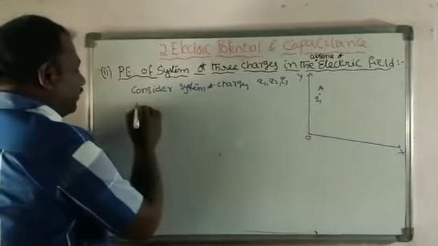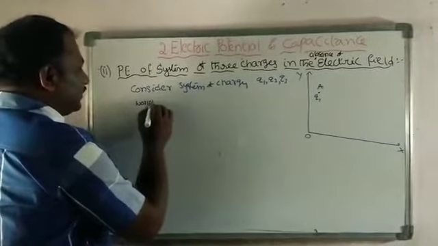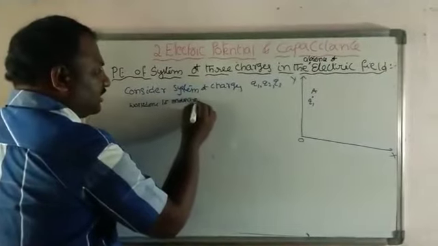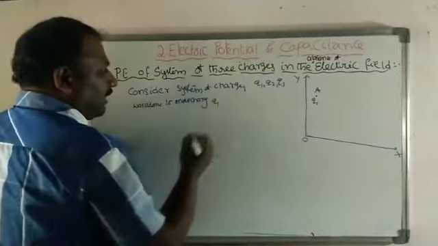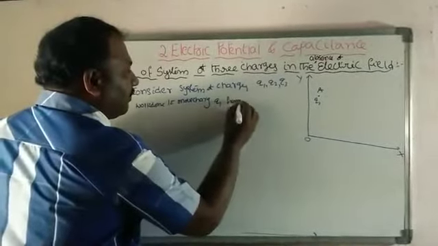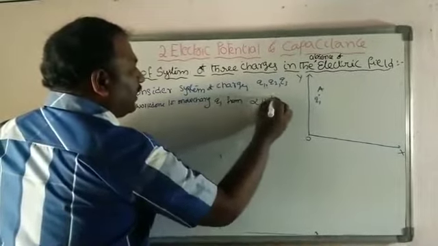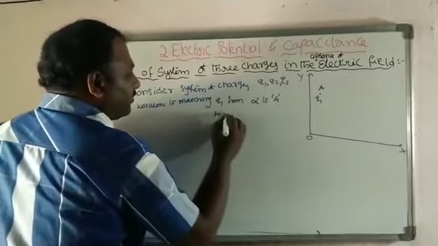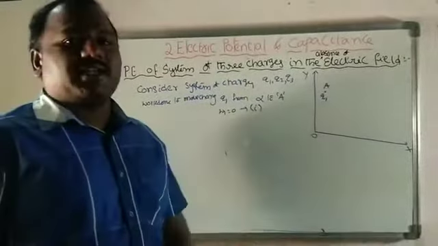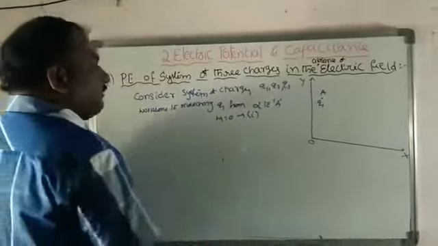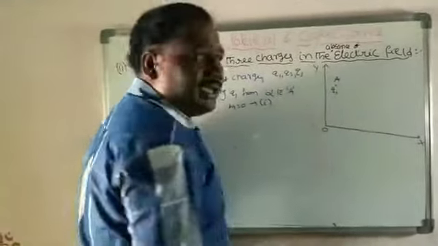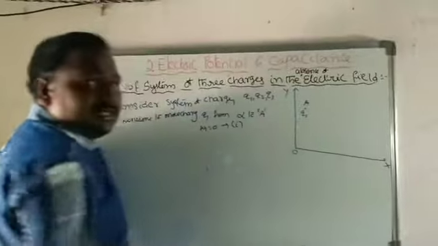So the work done to move charge Q1 from infinity to point A is W1, but W1 is 0. Why? Because here the electric field is initially 0.